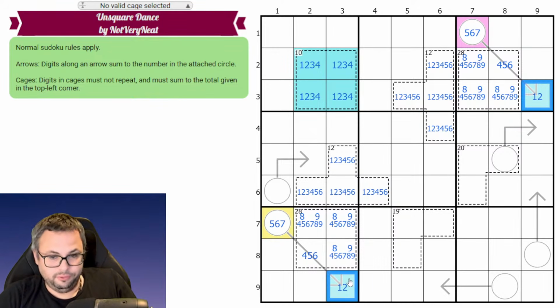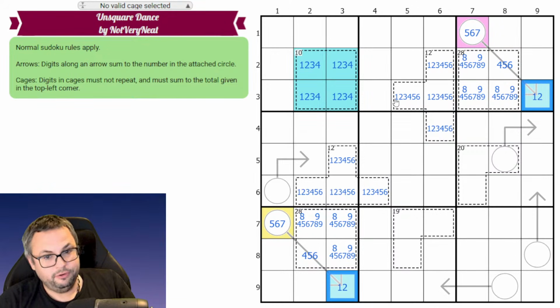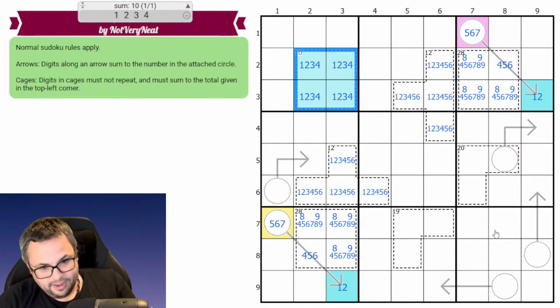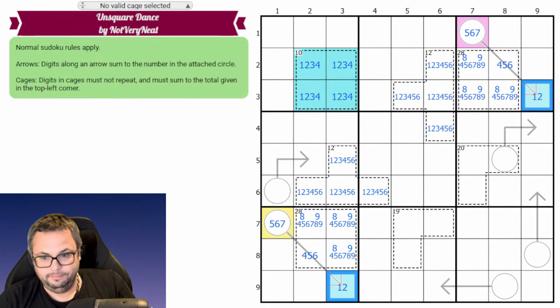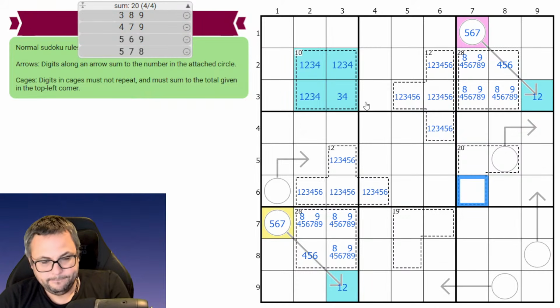So these 1, 2s, whether they be the same or different, we won't talk about that for this particular moment in time, but they definitely go in the 12 cage. If they are the same, then they go in the 12 cage there and there because of the 10 cage, which does not work. So they are in fact different. Therefore, this is not a 1 or a 2.